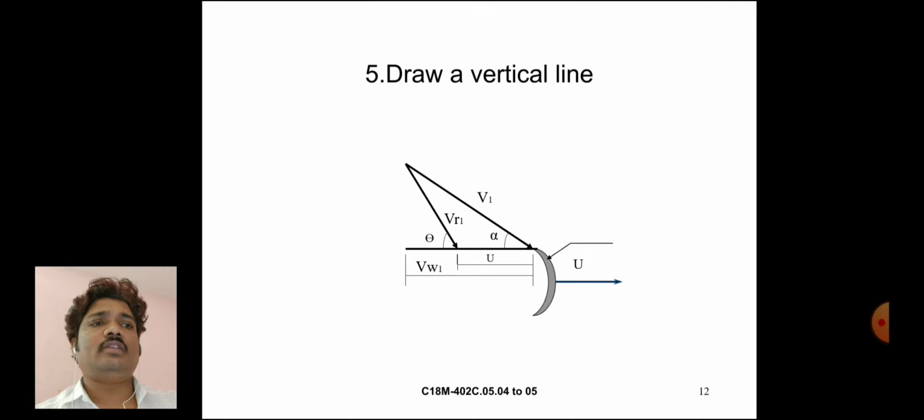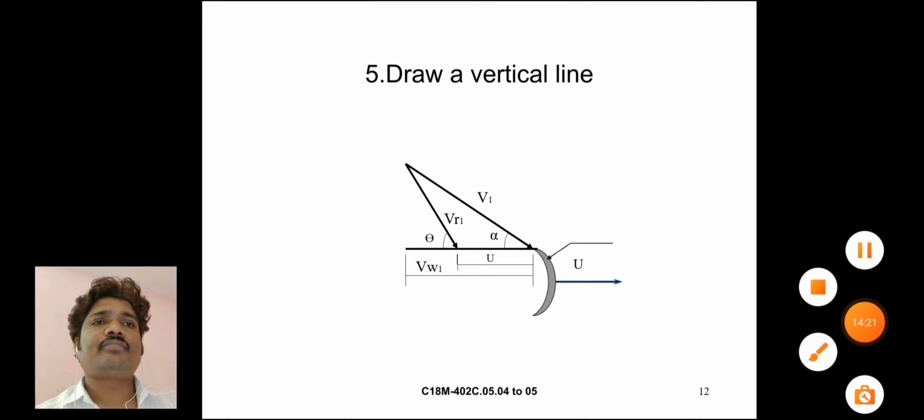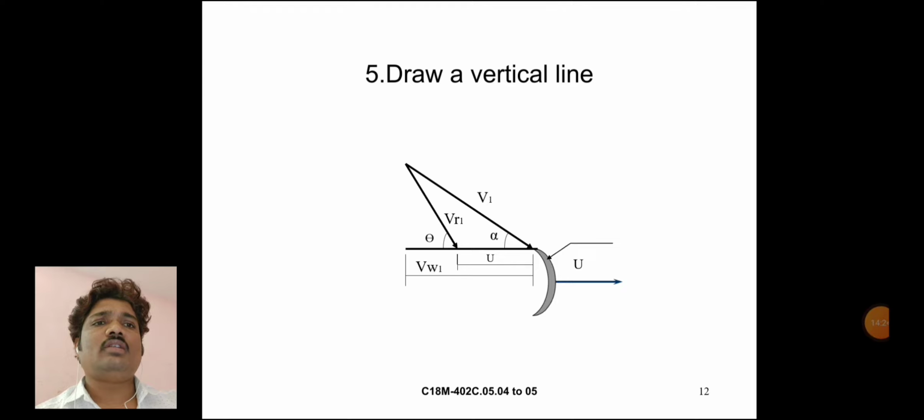Draw a vertical line. Therefore, in this triangle, V1 is the steam inlet velocity, VR1 is the steam inlet relative velocity, angles are alpha and phi. Draw a vertical line. VW1. u is the blade velocity, as shown in this figure.